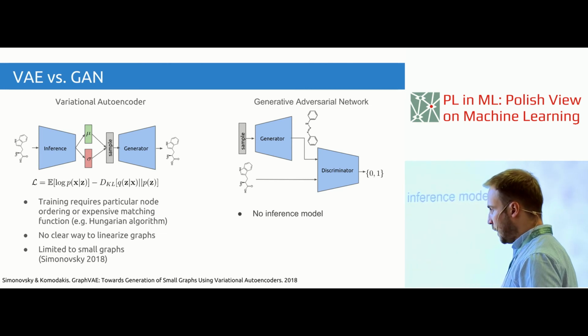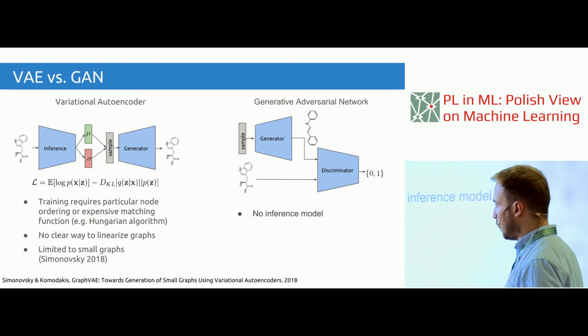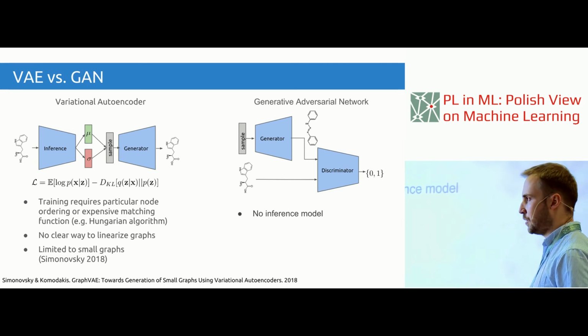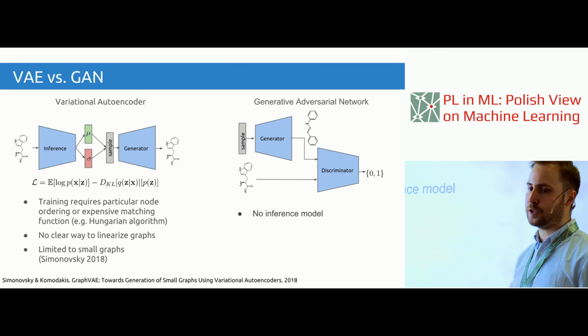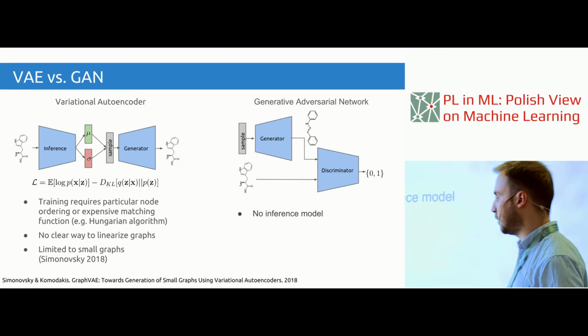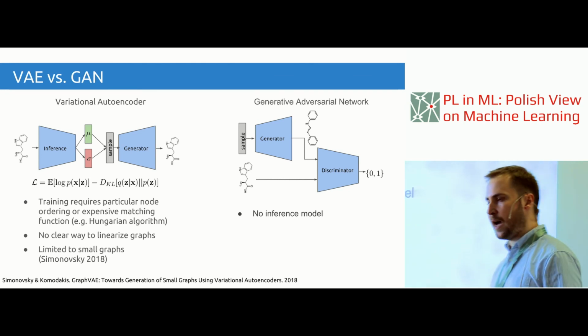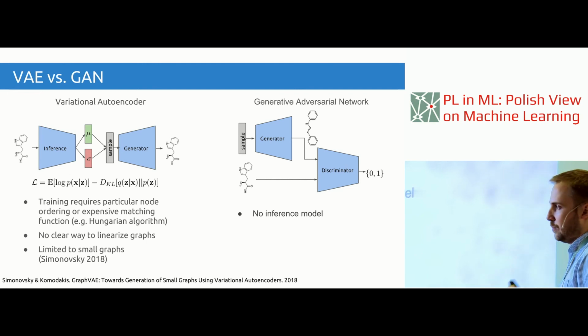There is a nice paper by Simonovsky and Komodakis from this year, where they present this kind of variational autoencoder for graphs, but their solution is limited only to small graphs because of computational problems. There is also no clear way to linearize graphs, so how to present them just as sequences.